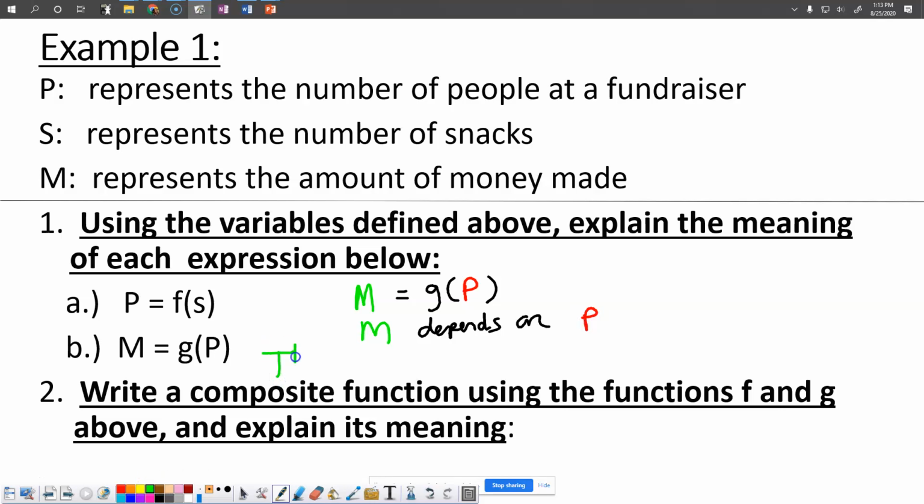So, the amount of money made depends on the number of people at the fundraiser.